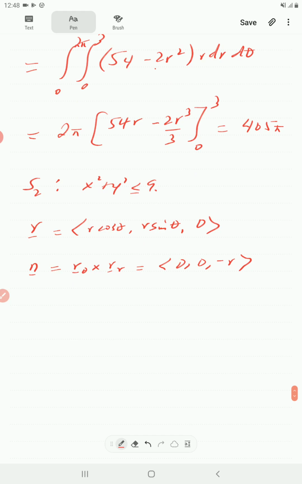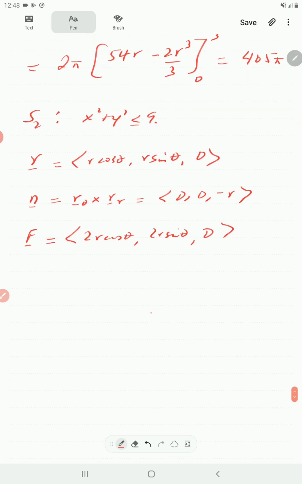Remember that f along the surface is going to be 2x, which is 2r cosine theta, 2r sine theta. Then we've got 6z, but z is equal to 0. If we do the dot product of f and n, this is equal to 0, which means that the flux through S2 is going to be 0.